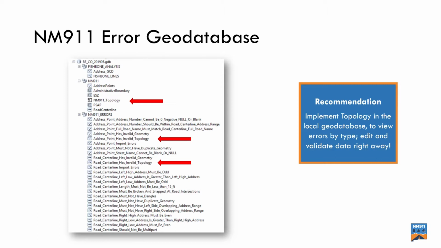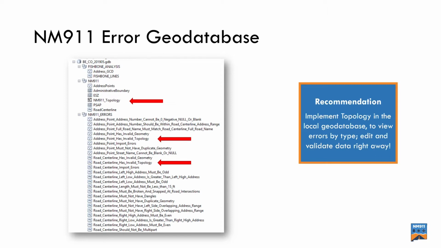However, to truly investigate the error and correct data, we recommend creating topology within your local geodatabase. This will help fix data errors and validate immediately. Otherwise, providers will have to wait till the next month's upload and validation cycle to check if errors were corrected based on the data edits made.